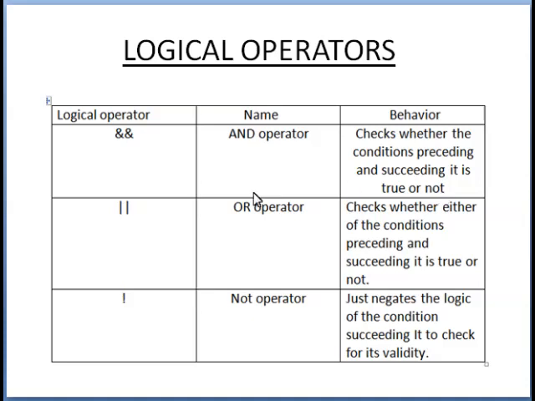This is called the logical OR operator, which checks whether either of the conditions preceding and succeeding it is true or not. And this is called the NOT operator, which just negates the logic of the condition succeeding it to check for its validity. So these three operators are called logical operators.